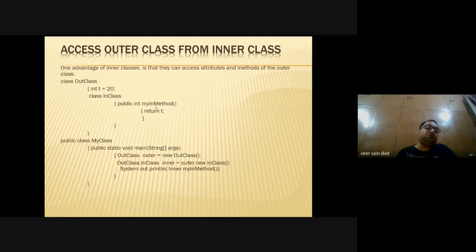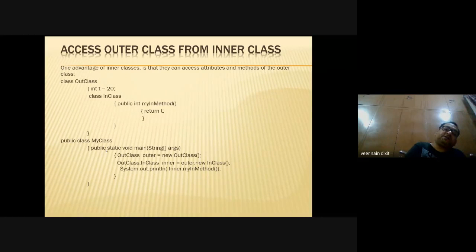That's why you have taken this myInMethod as public, because the purpose in this example is to access the variables and methods of the outer class. Although a method is not there in this class, I have only taken a variable. The variable is t.